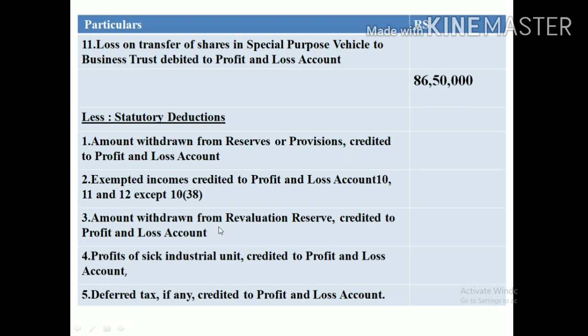If they specifically give the amount withdrawn from revaluation reserve, you should take it as information number 3. There is no such withdrawal here. The next one, profit from sick industrial company or unit, there is no income. Then deferred tax: if debited, it is addable; if credited, it is deductible, but there is no such entry here.